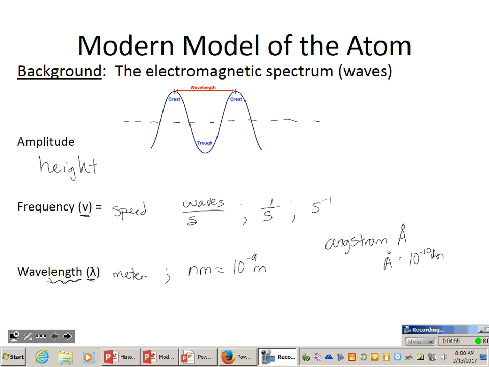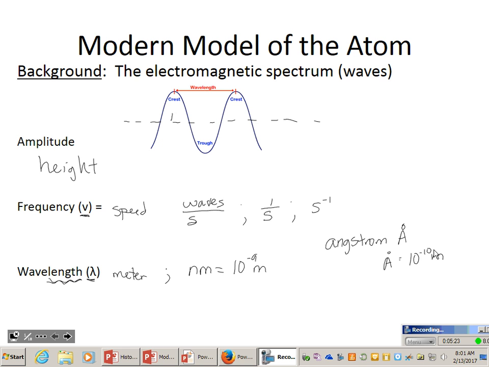Your spectroscope actually measures in kiloangstroms. We'll look at that more closely tomorrow. So you can see that the wavelength is measured typically from crest to crest or trough to trough. It does not have to be measured there. It can be measured at any similar point along the wave. It's just that crests and troughs are easy to see, so we tend to measure it there.